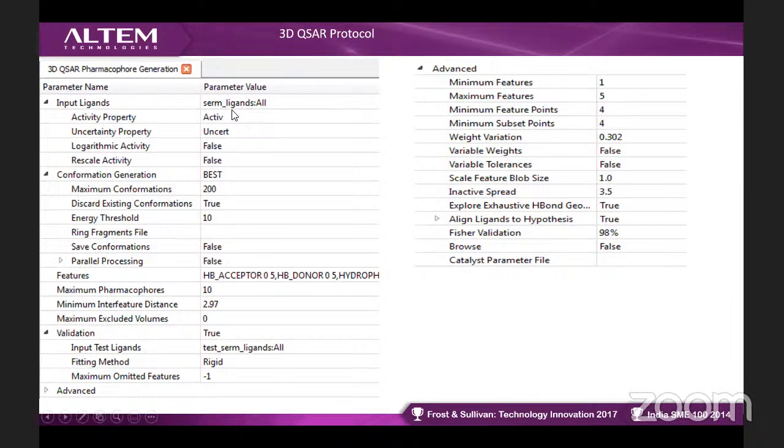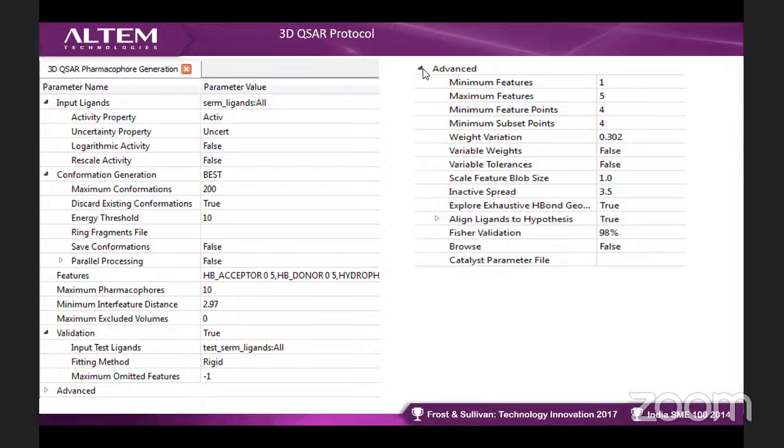I'll input my ligands, activity value and uncertainty. If it's logarithmic, I'll keep the logarithm true. I go for a different kind of conformation method and look for a maximum energy threshold and features. What features should be present in my active molecules, how many pharmacophores, and the interface distance between your pharmacophores.